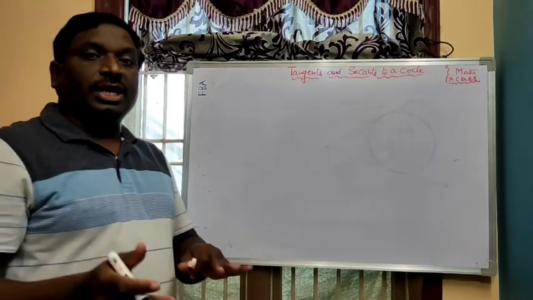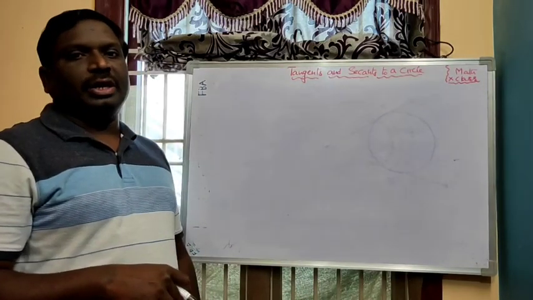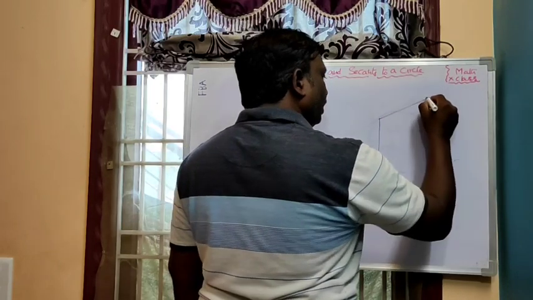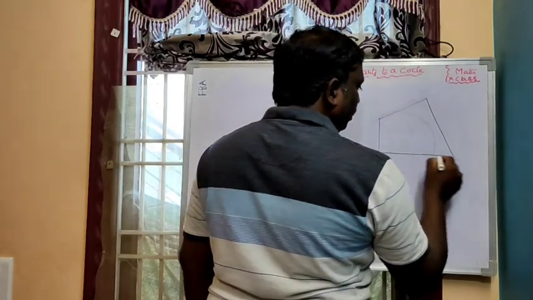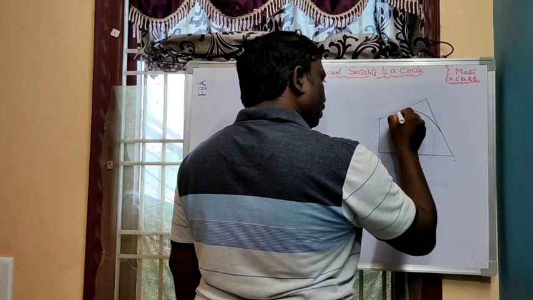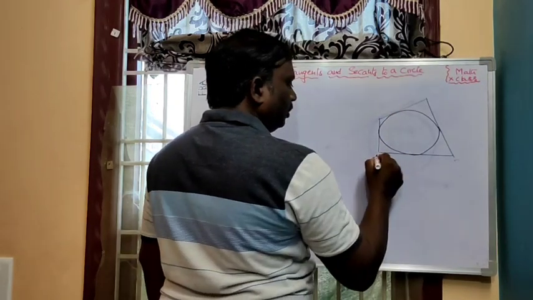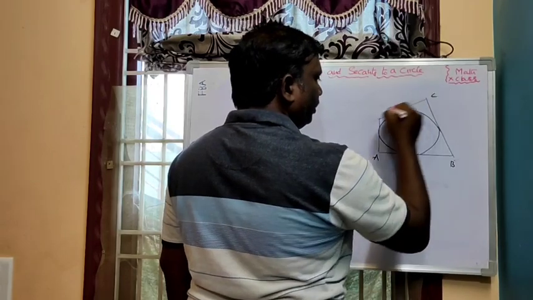That means the quadrilateral is circumscribing a circle. First I am taking a quadrilateral ABCD.